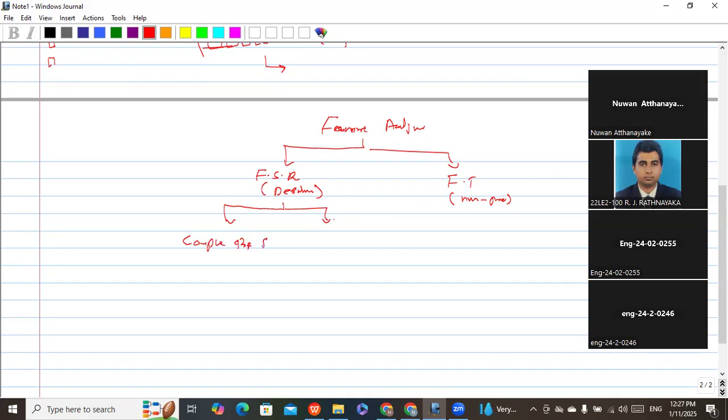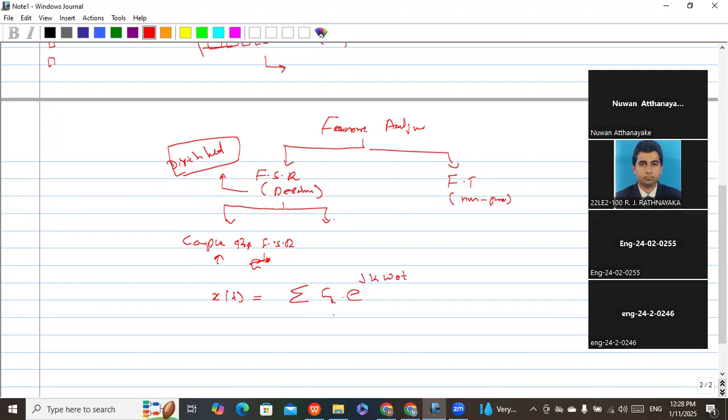exponential Fourier series representation. There we can represent any periodic signal, actually not any periodic signal, only signals that satisfy the Dirichlet condition. If a signal satisfies the Dirichlet condition, we can represent that signal x(t) as a collection of complex exponential signals, like this.